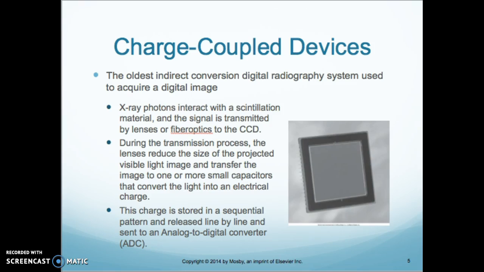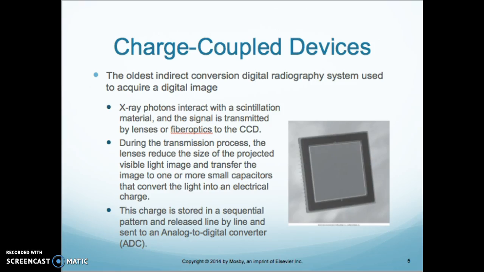X-ray photons interact with the scintillation material, and the signal is transmitted by lenses or fiber optics to the CCD. During the transmission process, the lenses reduce the size of the projected visible image and transfer the image to one or more small capacitors that convert the light to electrical signals.